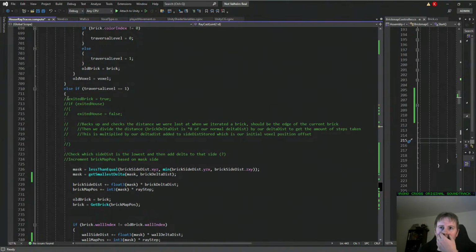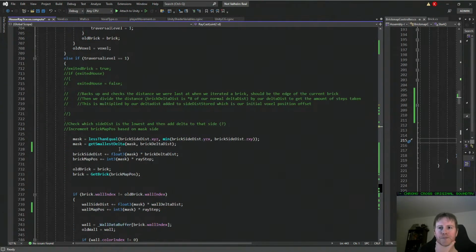And then we enter brick traversal. Mask equals less than equal. We check the sides against the sides on brick, and then we get 1 or 2 sides. So here we check the proper smallest side to get, and that works.